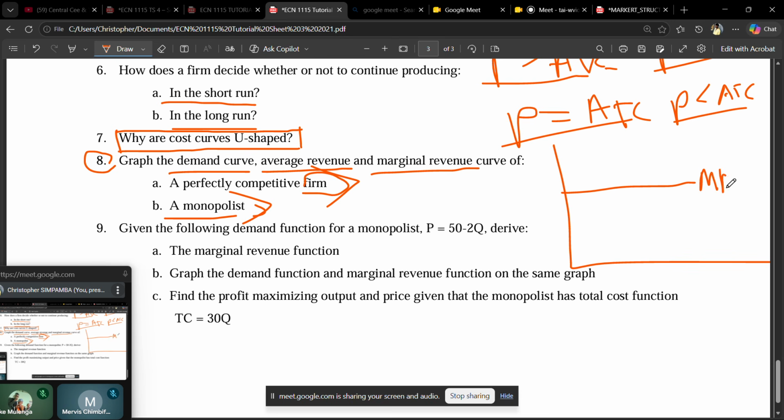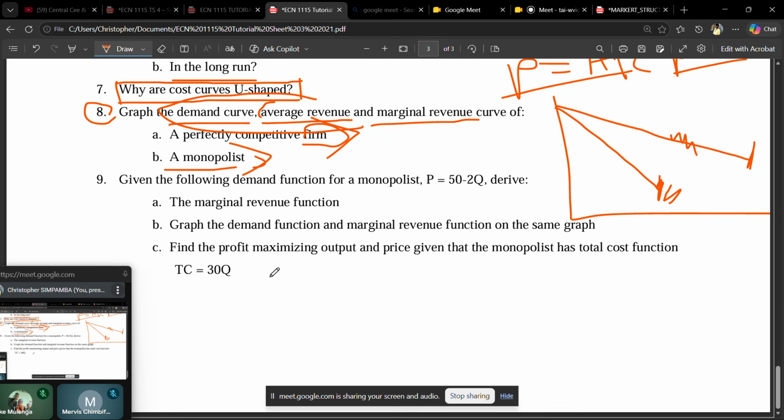And for a monopoly, of course, we're going to have a demand curve that is downward sloping like that, and our marginal revenue is also downward sloping, but it is twice as steep as the demand curve. Simple as that. And average revenue is simply the same as the demand curve, so they will be on the same path here, but our marginal revenue will be different, down there.